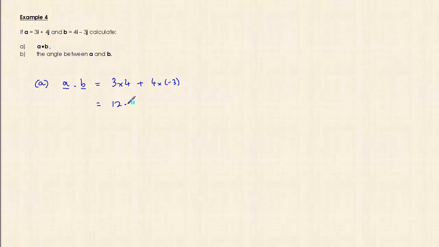So that's 12 take away 12, which is 0. That tells us the angle between A and B is 90 degrees.